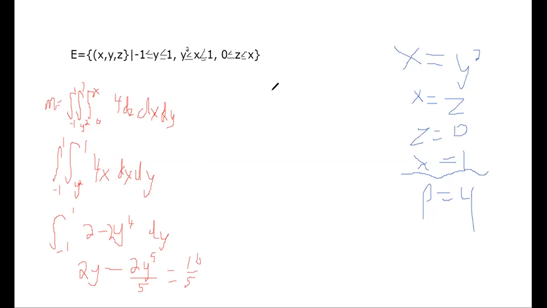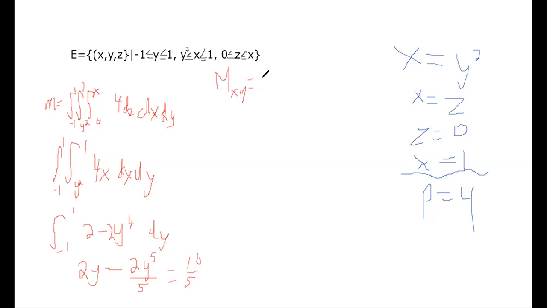Now if we want the moment about, let's do this about the xz plane. Let's find z bar, because that'll let us carry the z through immediately.